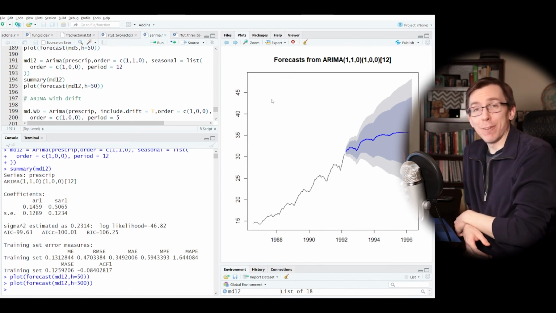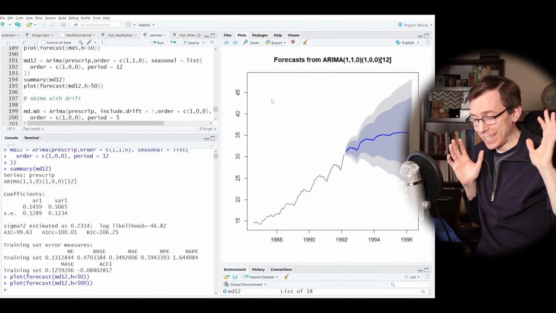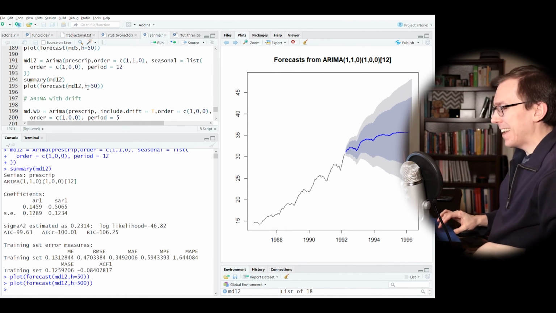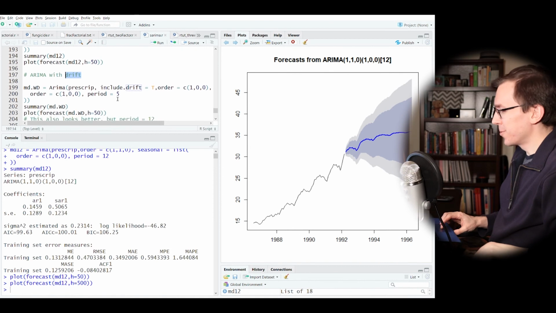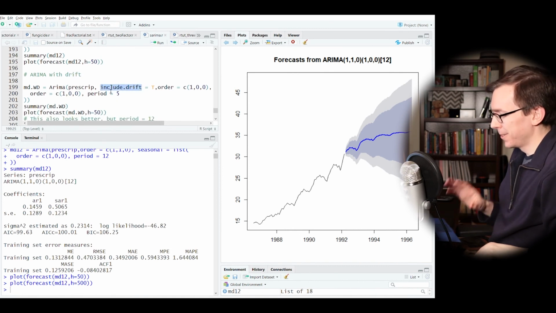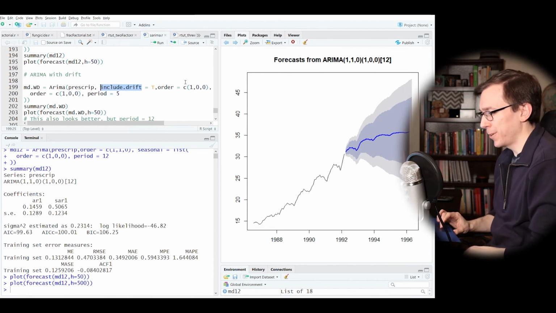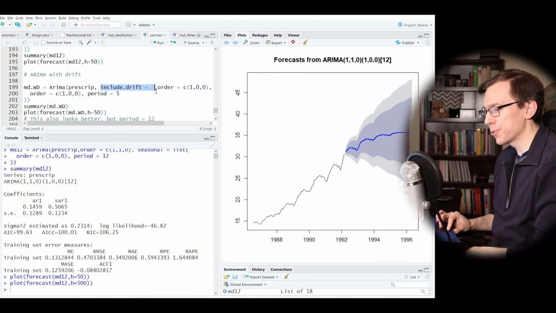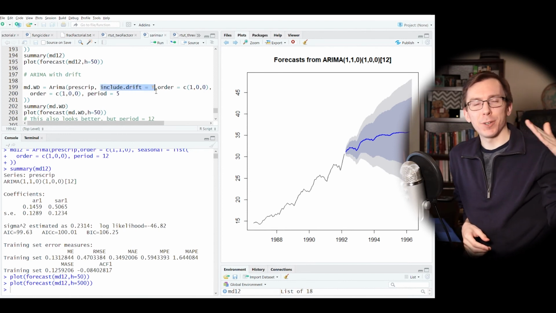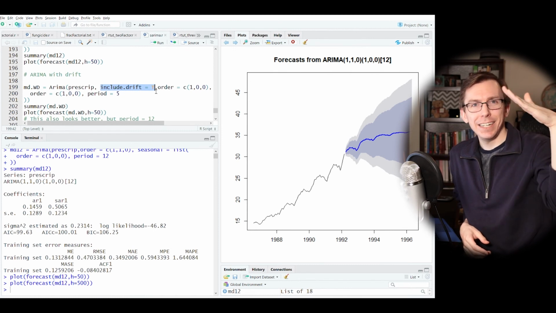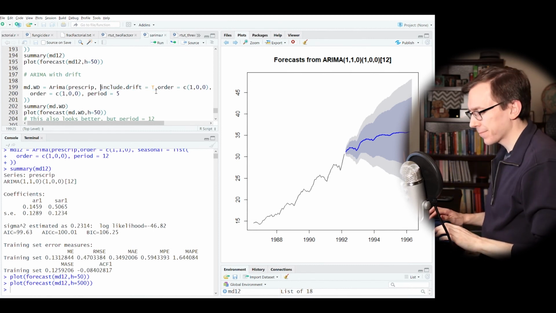Okay, we have one more model to look at, and then we're going to be done with this data set. And that's fitting an ARIMA model with drift. So instead of fitting a model with a first difference, I could ignore the first difference, but tell the ARIMA function that I want a drift term, because the drift term is going to give us kind of a linear increase or decrease.